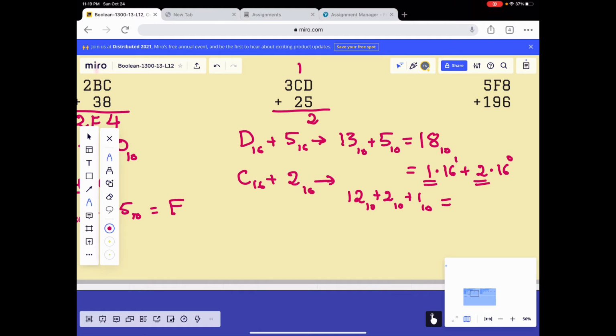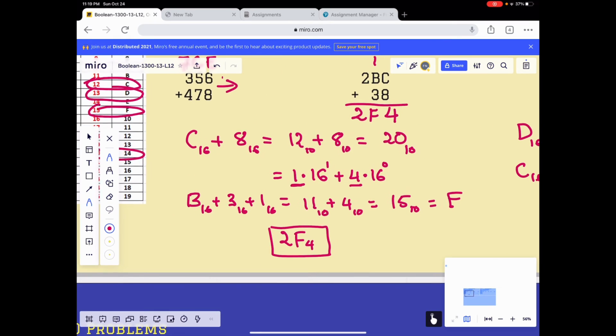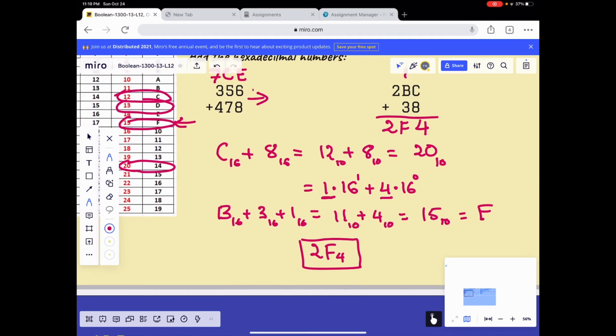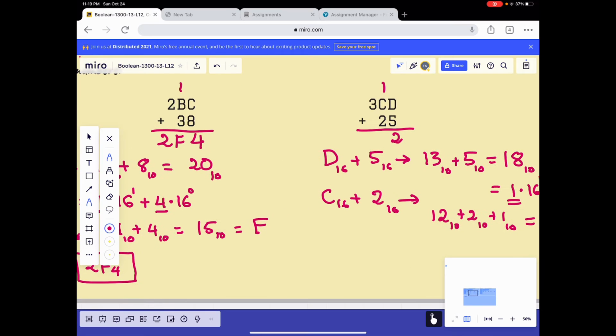And the answer is 12 plus 2 plus 1 equal 15 decimal. So you need to convert back to hexadecimal. So 15 is letter F. You can see that 15 decimal is letter F right here. So I'm going to write out F here. And then 3, bring it down, 3. So the answer is 3F2.